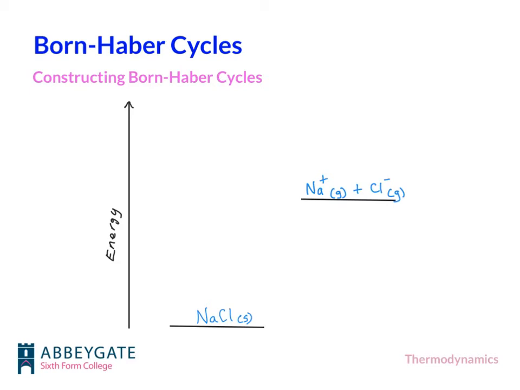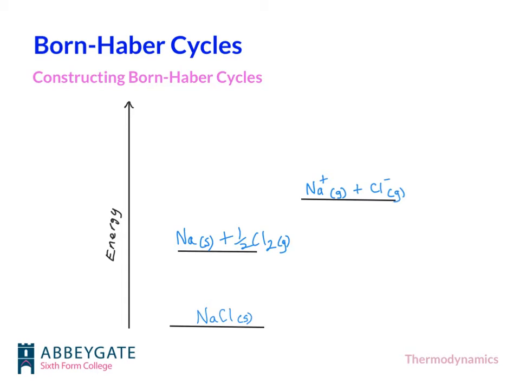So now we need to fill in other states that we think we might be able to measure. Something I might be able to measure would be the enthalpy of formation of sodium chloride, actually practically from sodium metal and chlorine gas. Now, I know that sodium solid and chlorine gas are going to be at a higher energy level than sodium chloride ionic solid.